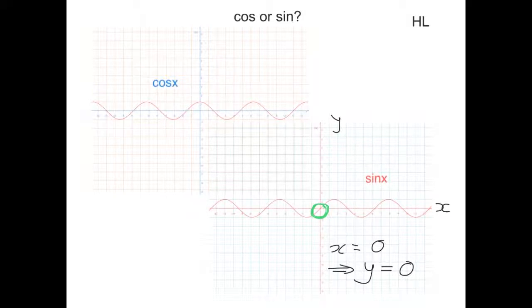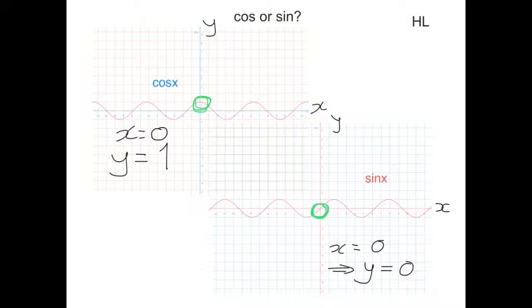And if we look up here at our graph of cosine x, we see that when x is equal to 0, we have y is equal to 1 instead. We're at this point here. So that will help you distinguish between cosine and sine.